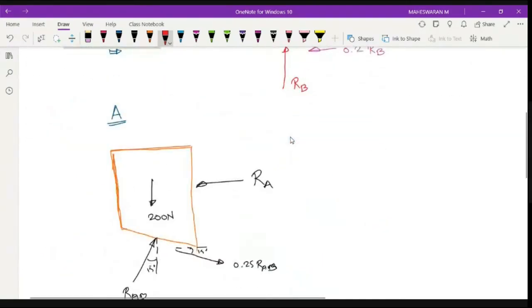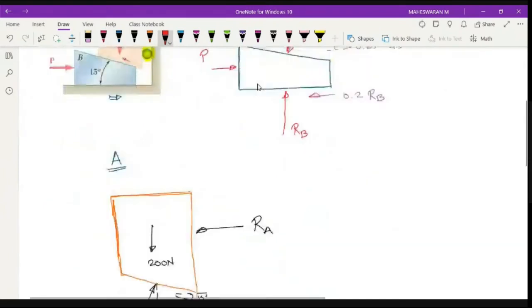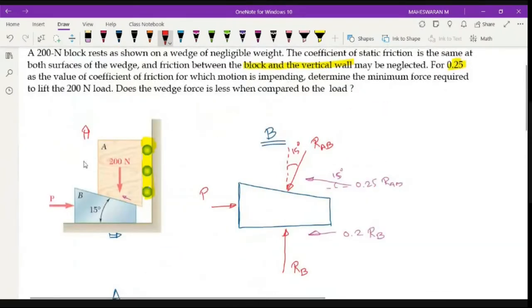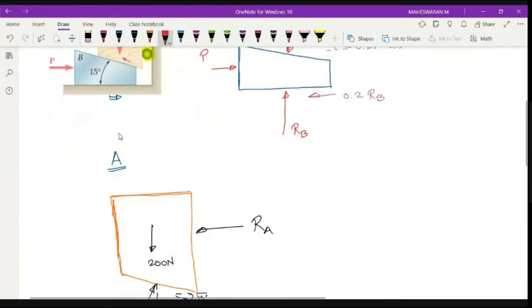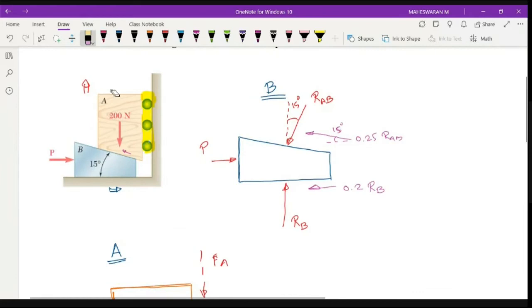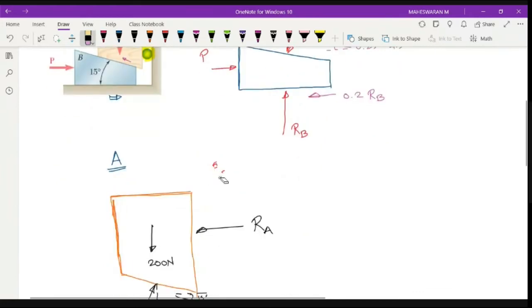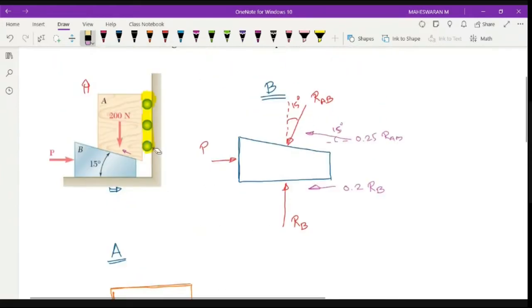But if it were not given like that, you would include a friction force opposite to this direction, a friction force Fe. For this problem you don't need it, but for other problems, you have to identify it based on the direction of motion.